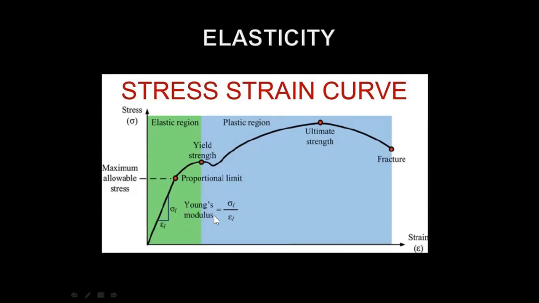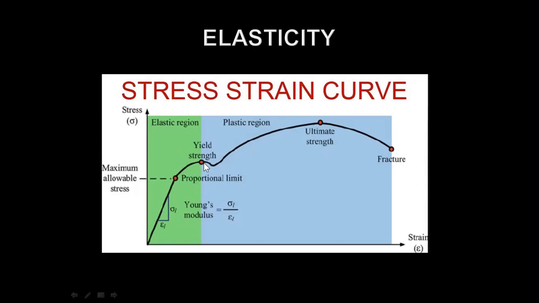Your Young's modulus is the ratio between your stress and strain, sigma L and epsilon L respectively. On this graph, the maximum point of your elastic region is your yield strength.